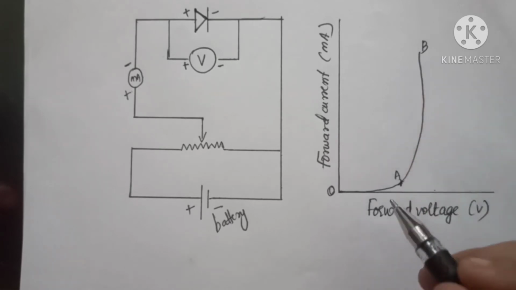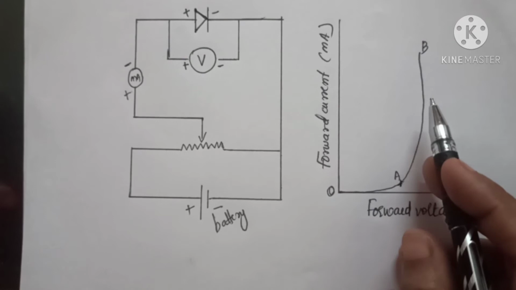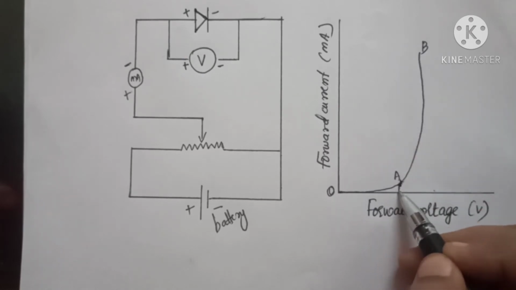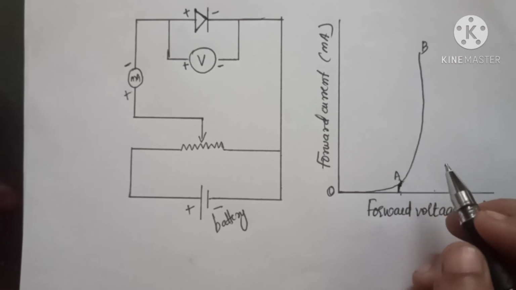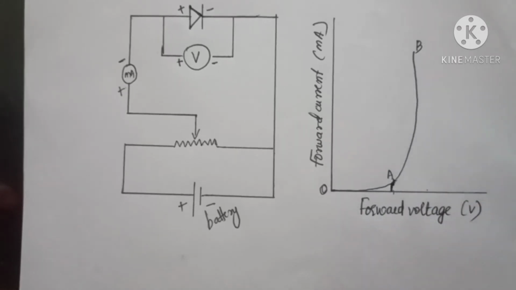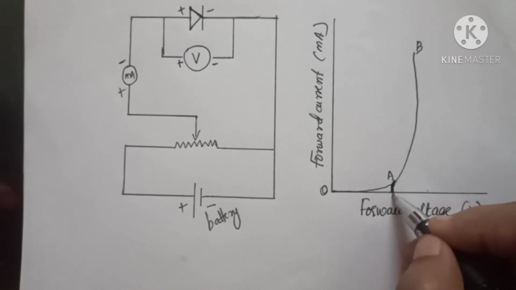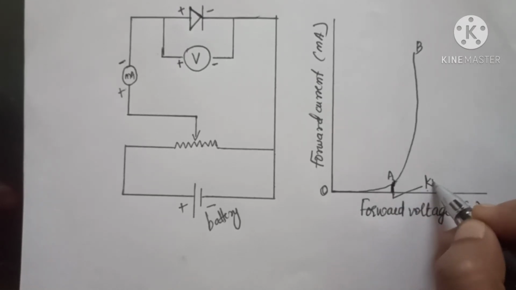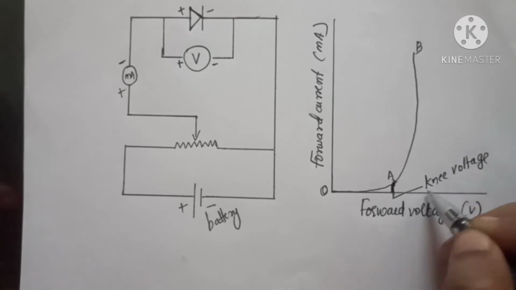The forward voltage beyond which the current in the junction starts increasing rapidly with voltage is known as knee voltage, K-N-E-E. So what is knee voltage?